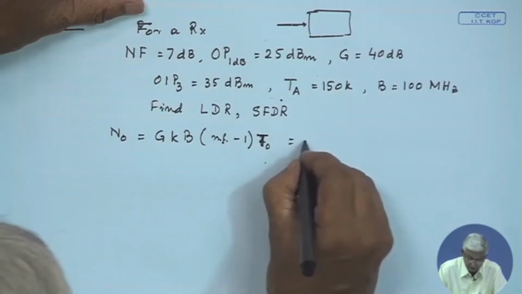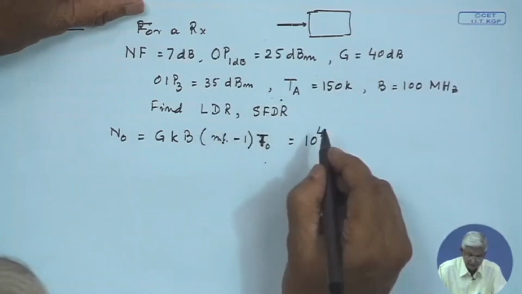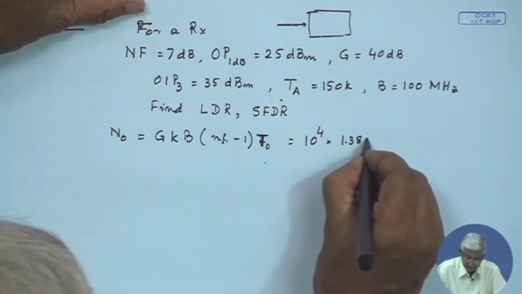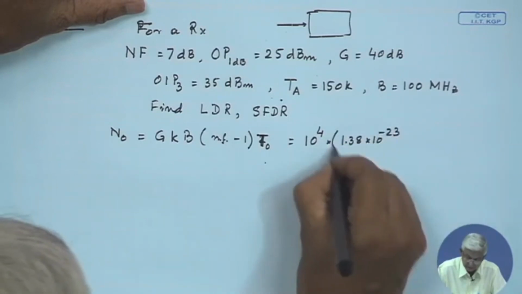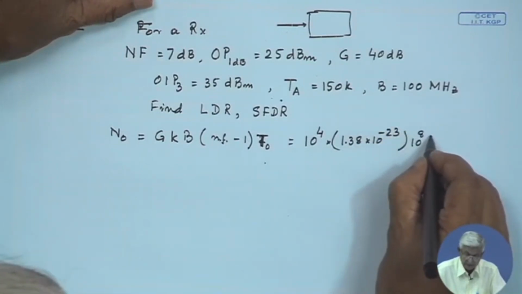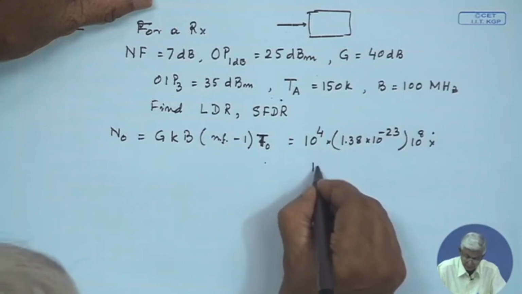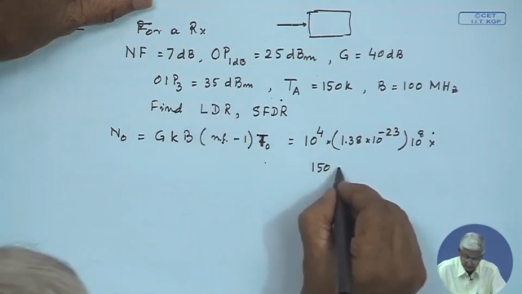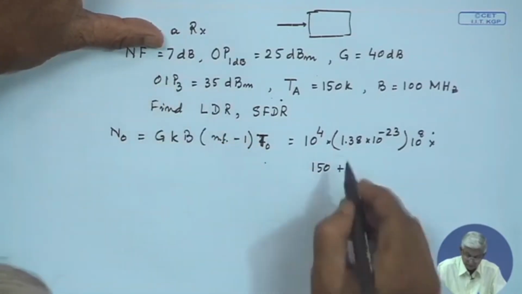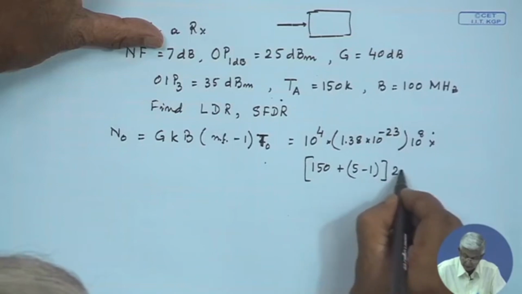If you put in these numbers, the gain is 40 dB, so it is 10 to the power 4. I am converting all dB into linear ratio. K is 1.38 into 10 to the power minus 23, if you recollect. The bandwidth is 10 to the power 8, multiplied by 150, which is the antenna noise temperature, and the 7 dB noise figure converted into a ratio becomes 5, so F minus 1, multiplied by 290.